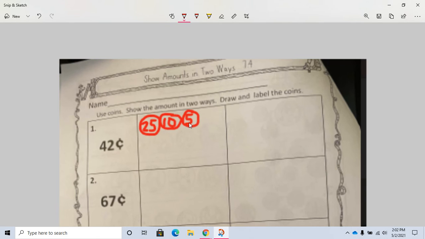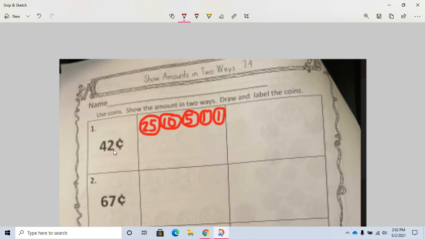We're at 40 cents right now, so let's count on by ones. 41, 42. So let's just skip count to make sure. 25, 35, 40, 41, 42 cents.